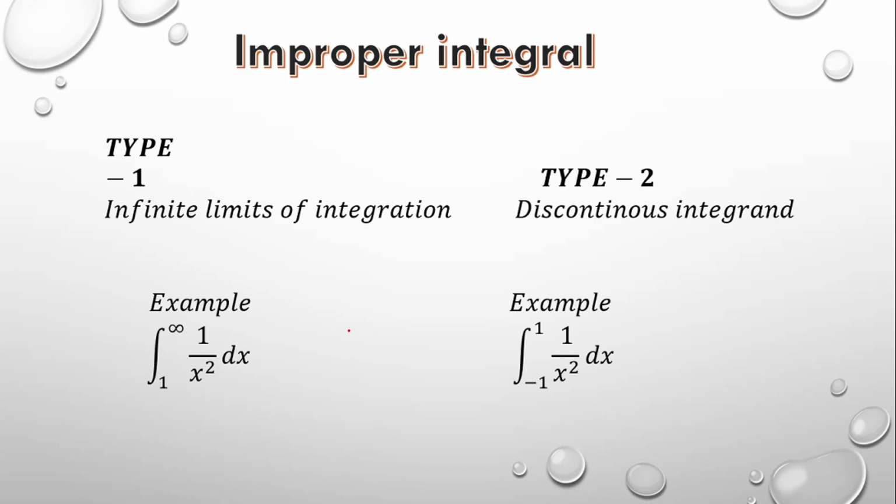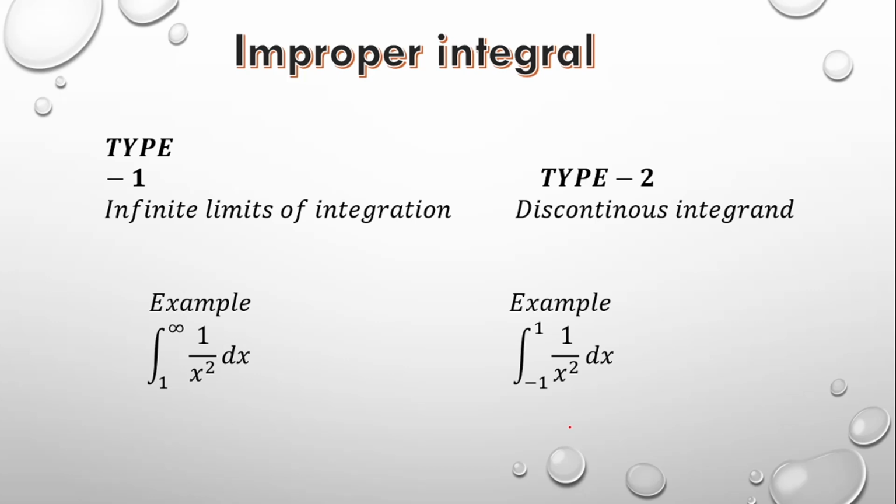And with the discontinuous integrand, now you're integrating 1 over x squared dx over the interval from -1 to 1. Now we look for a value that, when you put it in for x, makes the function undefined. The interval goes from -1, 0, 1.